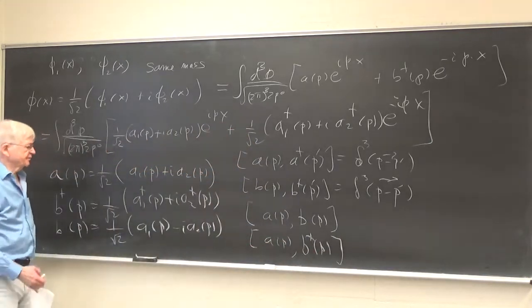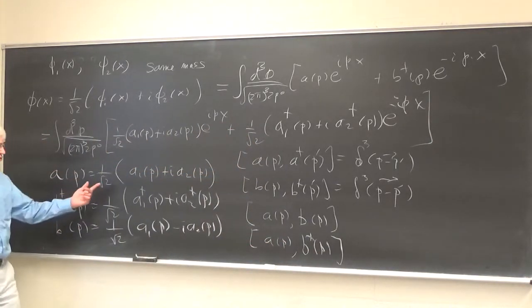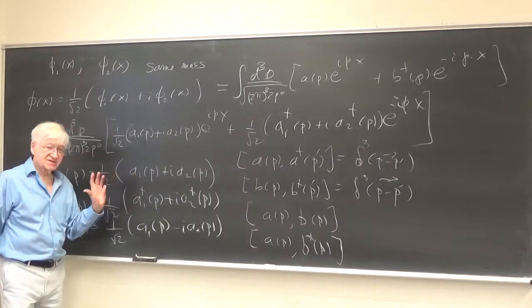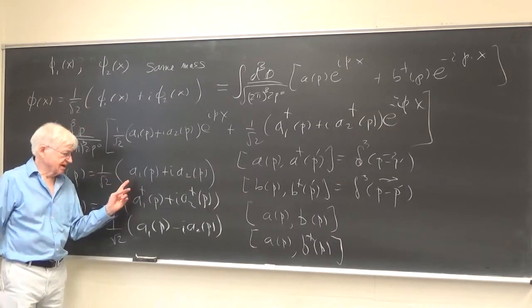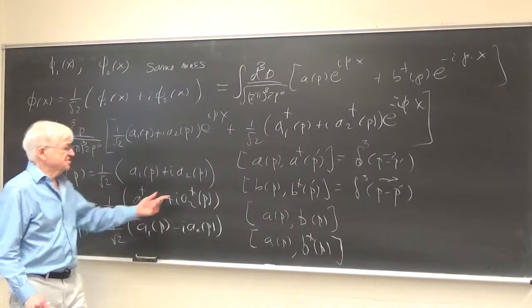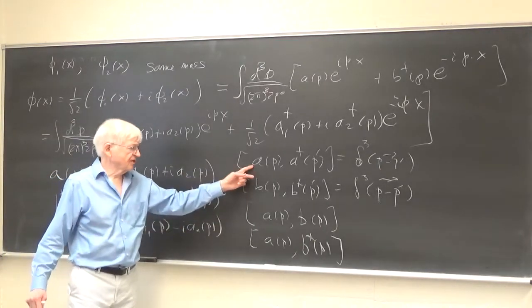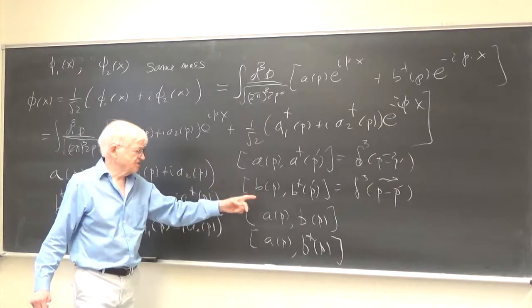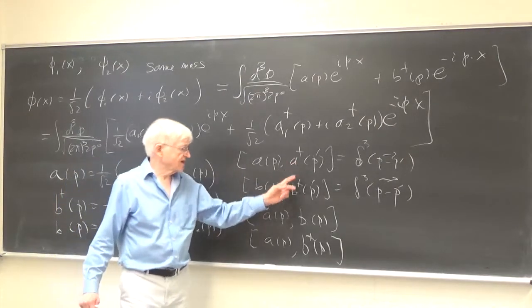So given the spin 0 commutation relations for a1 and a2, and these definitions, derive the commutation relations for the complex annihilation and creation operators.